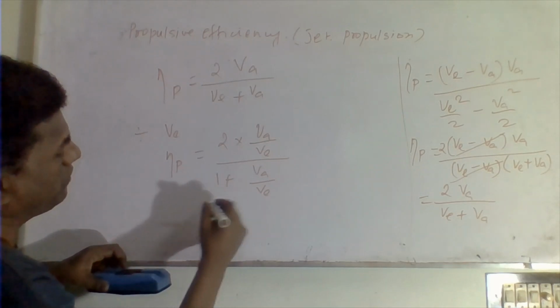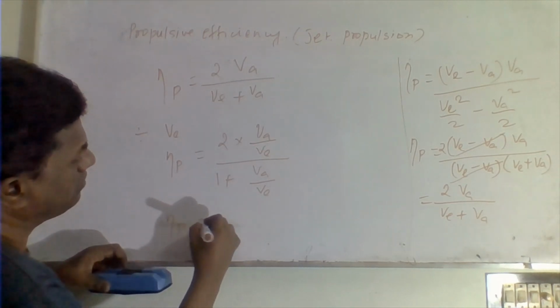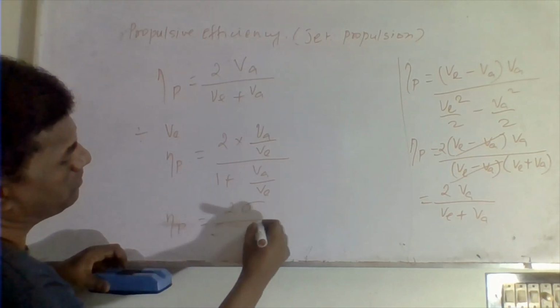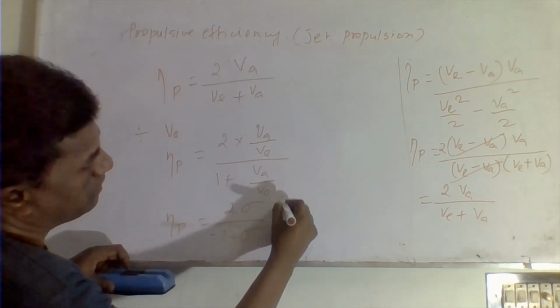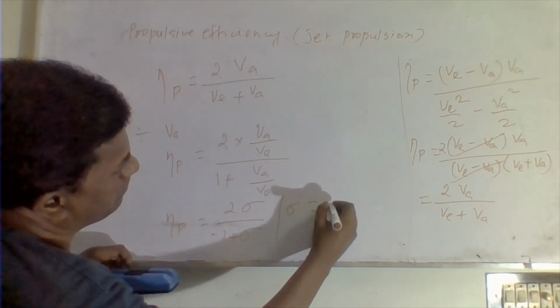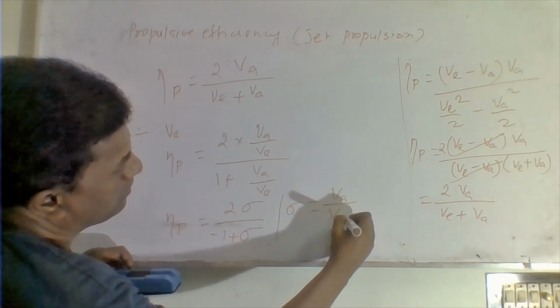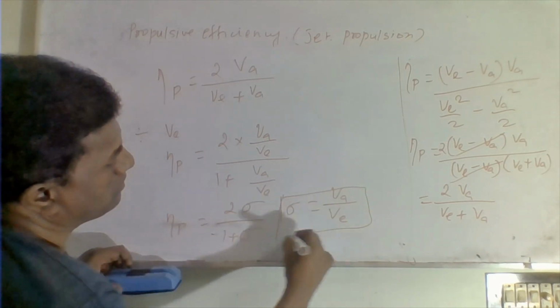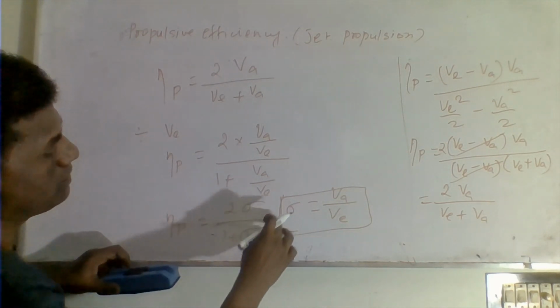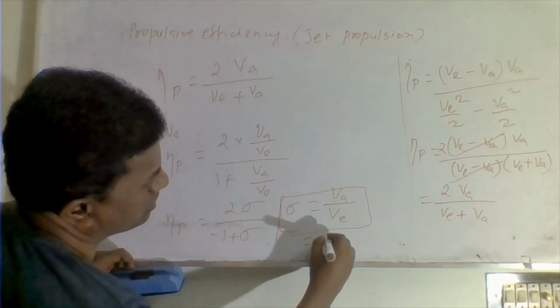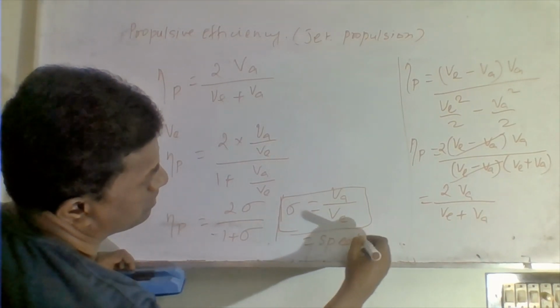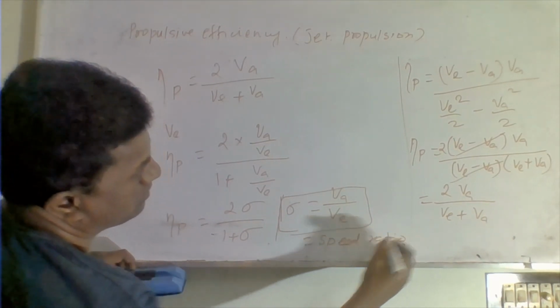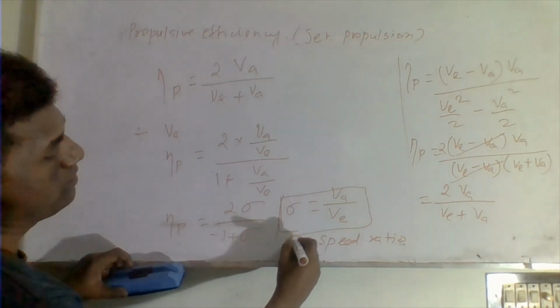So this further becomes eta T equal to 2 sigma divided by 1 plus sigma, where sigma is nothing but VA by VE. This is the propulsion efficiency, where sigma we call the speed ratio.